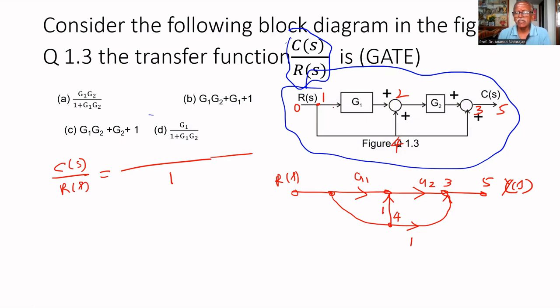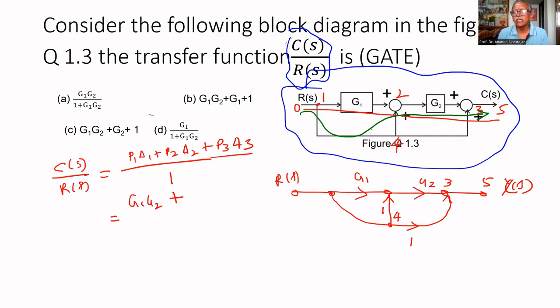How many forward paths are there? Sum of forward paths gains P1 delta 1 plus P2 delta 2 plus P3 delta 3. Three forward paths are there. One forward path is this. That is P1 delta 1 is G1, G2, plus this is another forward path.